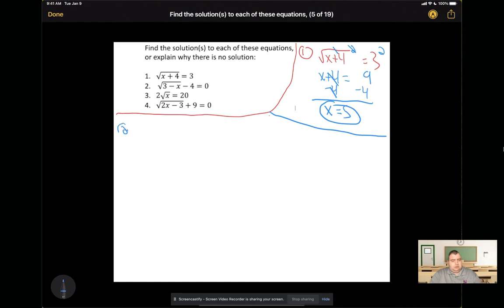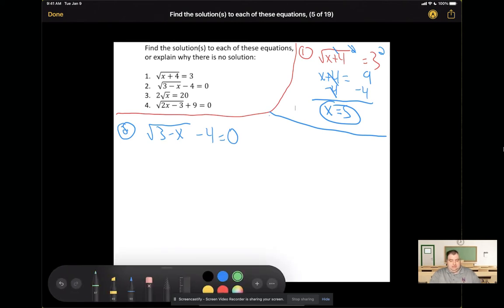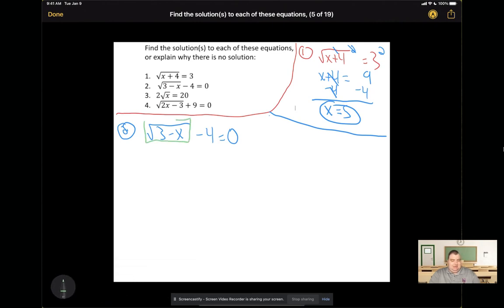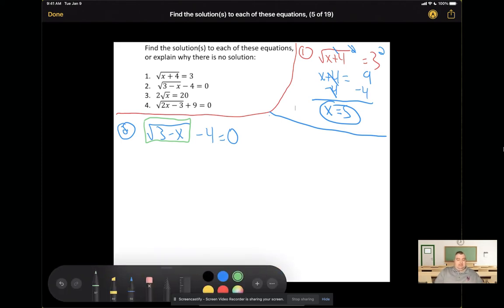Number two, we have the square root of 3 minus x, minus 4, equals 0. In this case, the square root is not isolated by itself on the left-hand side, which means I need to get rid of the minus 4 in order to isolate it.